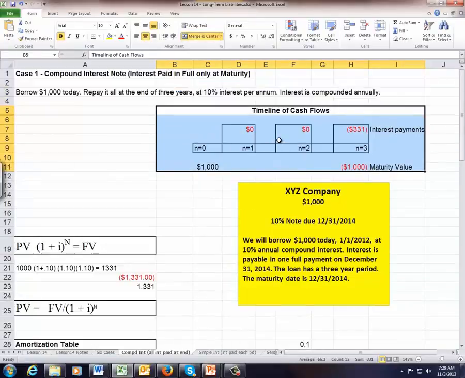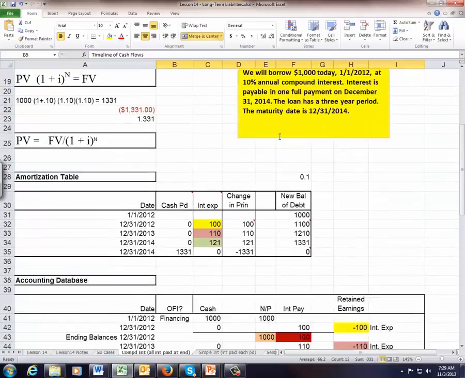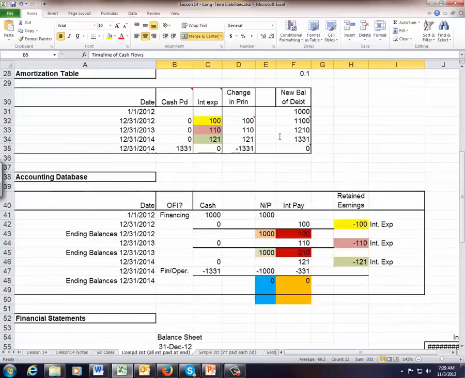So with the terms being interest payable in full at the end of 3 years, let's show you what we mean by an amortization table. An amortization table, we always start with the interest rate in the upper right-hand corner. The interest rate, when multiplied by the amount borrowed of 1,000, gives us $100 worth of interest each period.